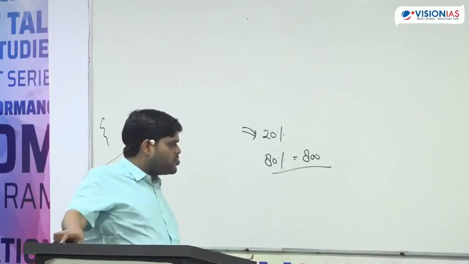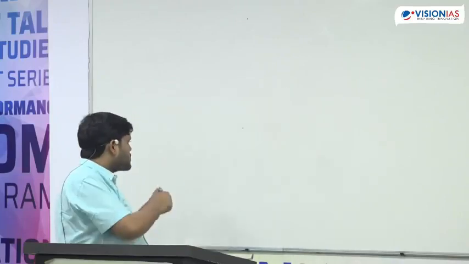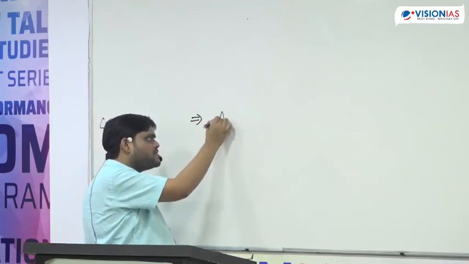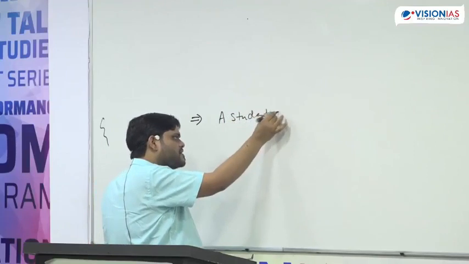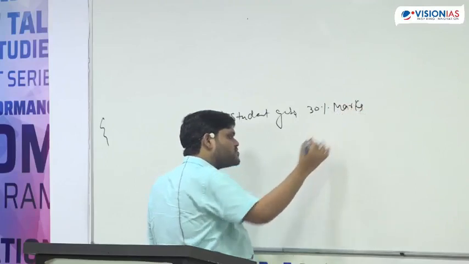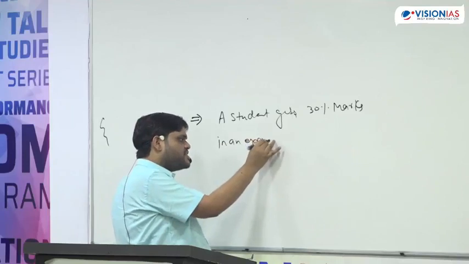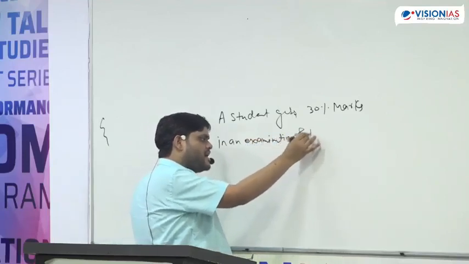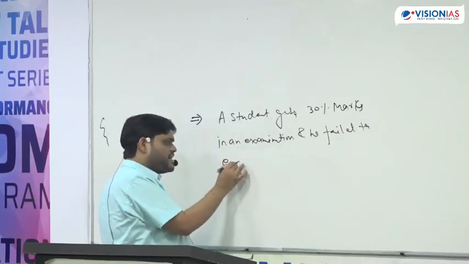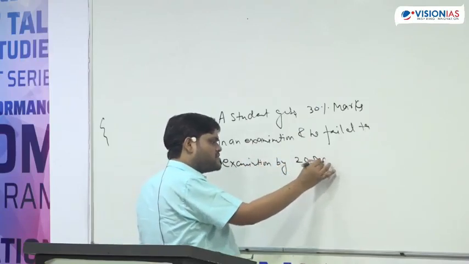Okay, another type of question which is coming in the examination is, suppose a question is like this. A student gets 30% marks in an examination and he failed the examination by 20 marks.